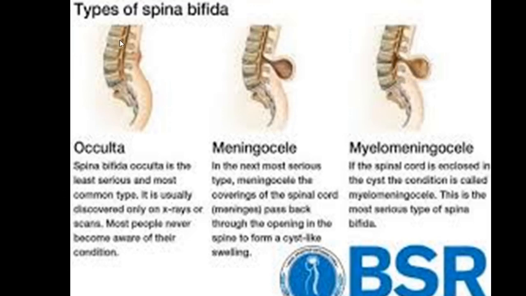So there are three categories: spina bifida occulta, when the gap is filled up by fibrous tissue; meningocele, when the meninges protrude out; and myelomeningocele, when the spinal cord along with the meninges protrude out.